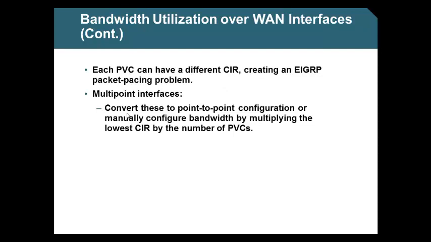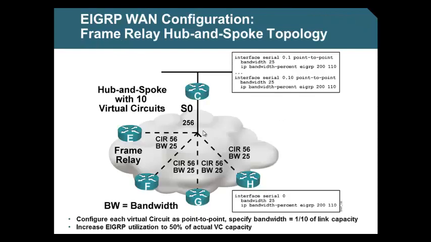Multi-point interface, convert these to point-to-point. This is the solution. Convert it into point-to-point, configure manually different bandwidths as per the committed information rate on the PVC, which is shown in this. Now, this is equal CIR, the same CIR on all. So you need not worry.